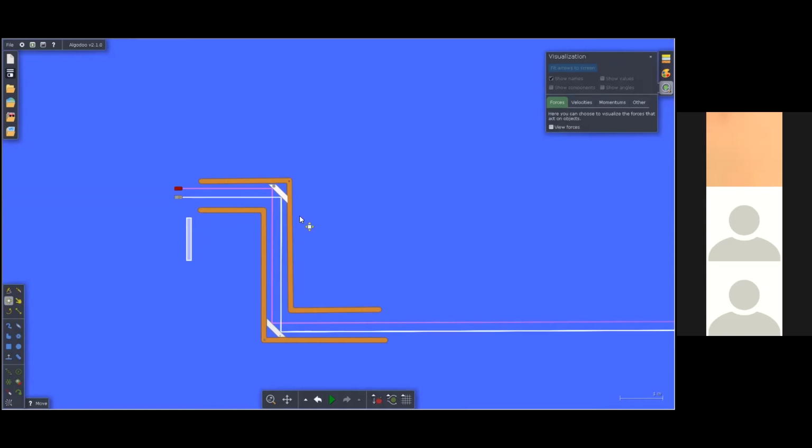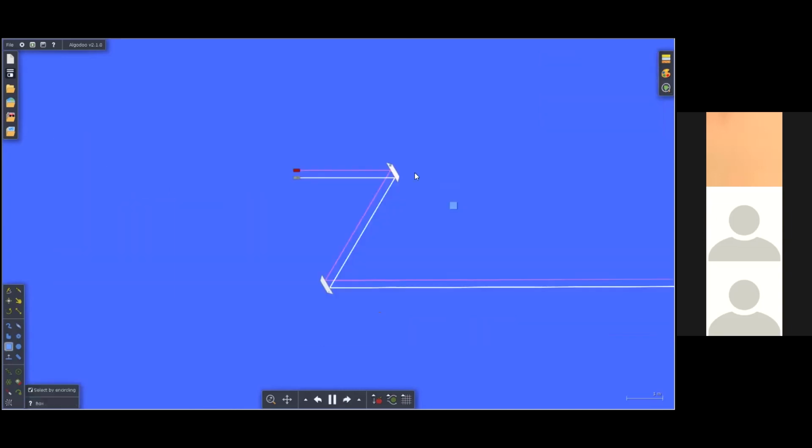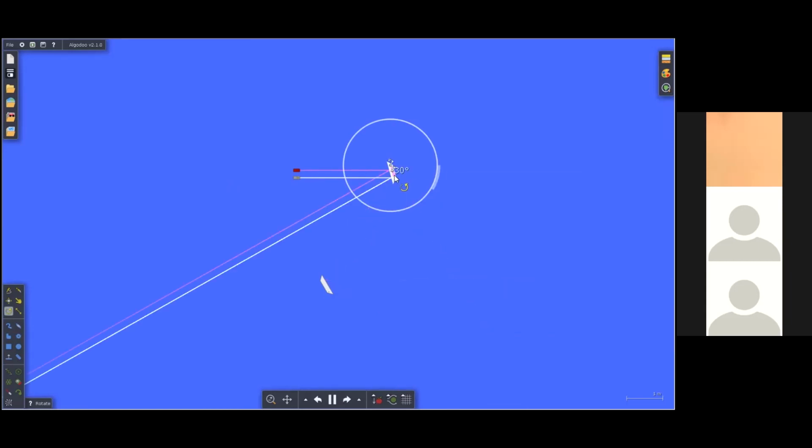So what if we change the angle of the mirror? I will simulate this. As you can see, this is not 45 degrees, but as long as mirror 1 and mirror 2 are parallel, the light will stay perpendicular. So what if we change the angle?